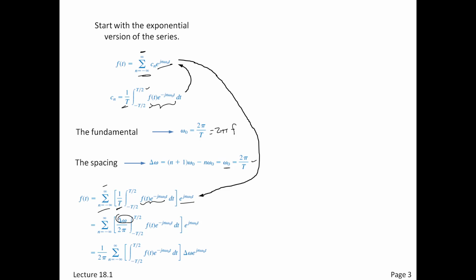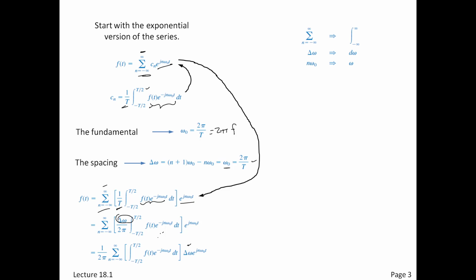We pull out the 1 over 2 pi and put our delta w way over here, as we set up to change things in the next step.